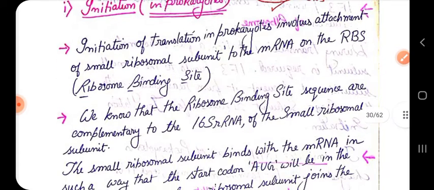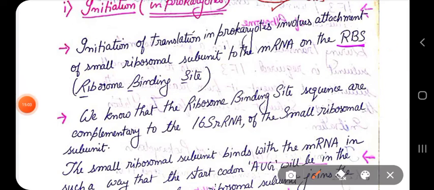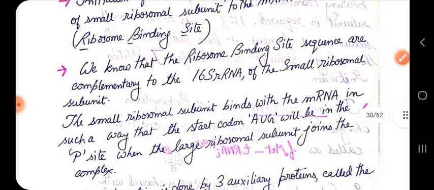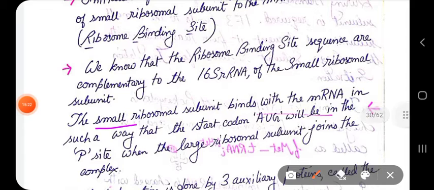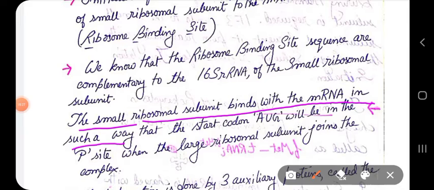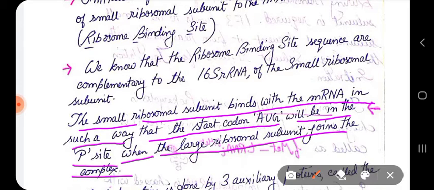So first, by observing the ribosome binding site, also called the Shine-Dalgarno sequence, your small ribosomal subunit attaches to the mRNA, right? The small ribosomal subunit binds with the mRNA in such a way that the start codon, which is your AUG, will be in the P site when the large ribosomal subunit joins the complex.